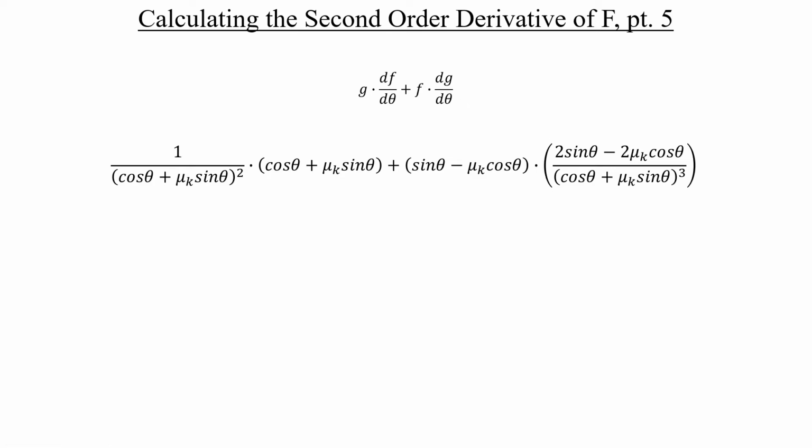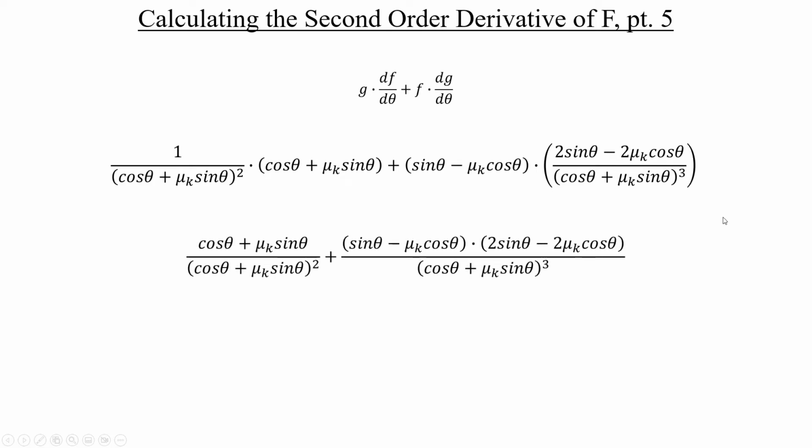The first thing to do is to stick df d theta into the numerator of g on the left, and similarly with f into the numerator of dg d theta, like this. If you look closely at these denominators here, they're actually the same thing, minus the difference in the exponents.